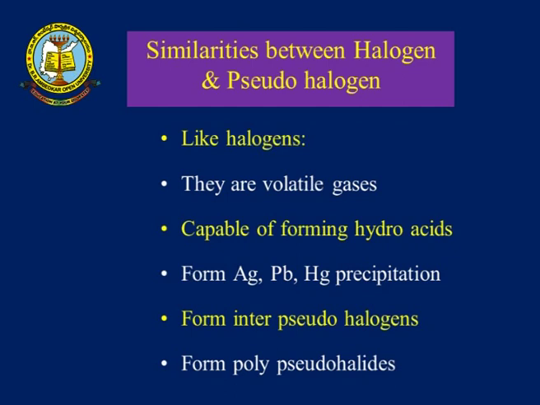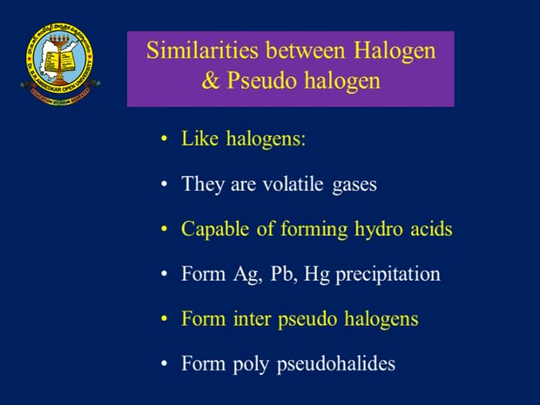So, like halogens, they are volatile gases. Like halogens, pseudo halogens are also volatile, easily evaporated. The second property is being capable of forming hydroacids. Any halogen interacting with water gives hydroacids. The same way, pseudo halogens when interacting with water give hydroacids.